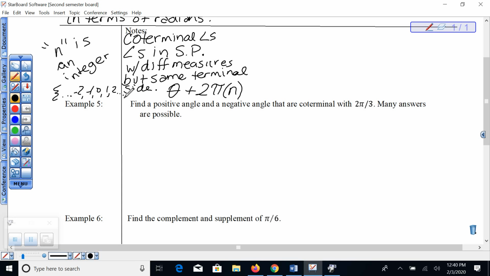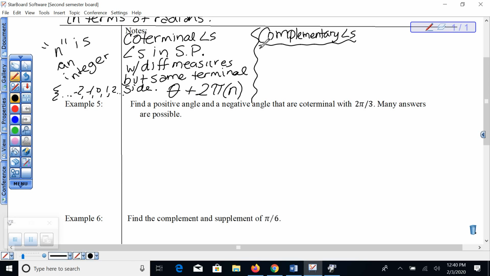Okay, so that's coterminal. Let's talk about complementary. And so if you recall, complementary angles have a sum of 90 degrees. They are acute angles.